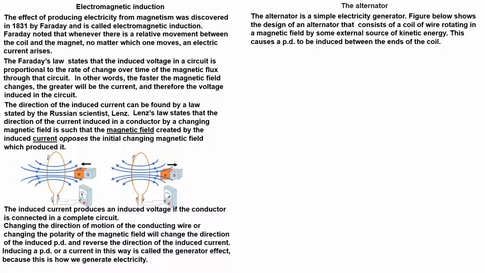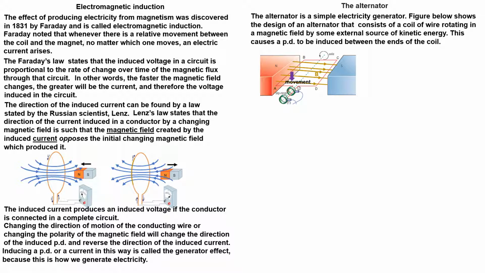The diagram shows the design of a simple electricity generator. By turning the axle, you can make a coil rotate in a magnetic field. This causes an induced current or a voltage induced between the ends of the coil. As the coil is turning counterclockwise, the AB wire movement is downward.